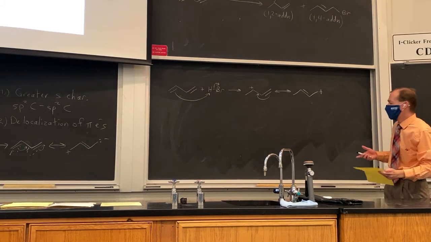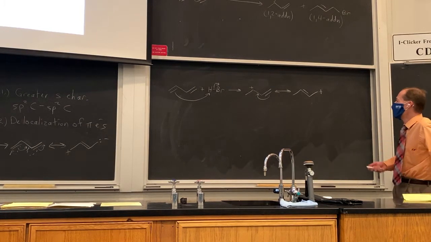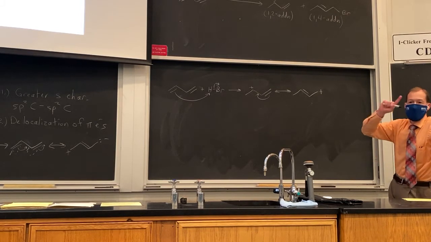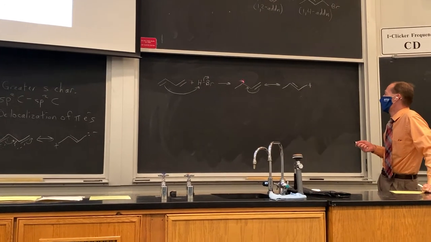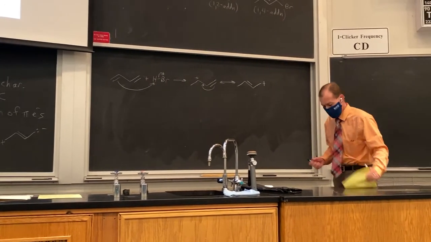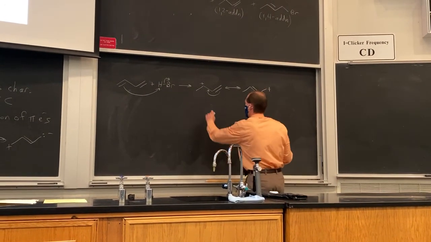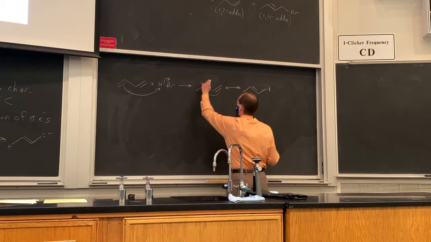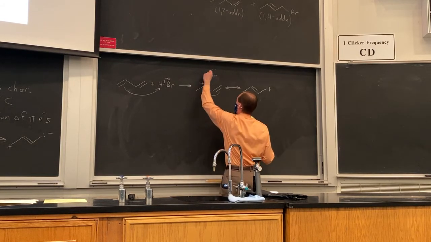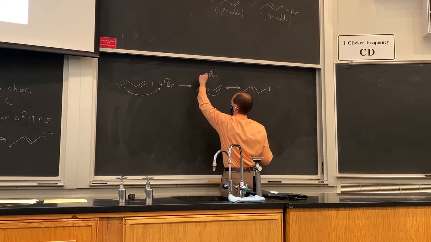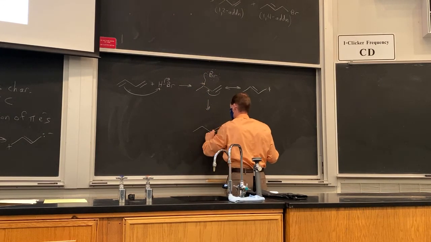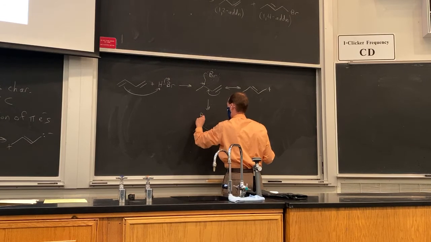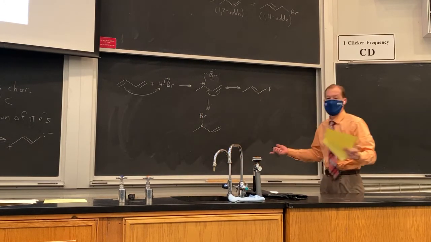So because we have this resonance stabilized carbocation, we know we only have one carbocation that has partial positive charges on this carbon and that carbon. So if the bromide attacks this carbon, then we obtain the 1,2 addition product as a racemic mixture.